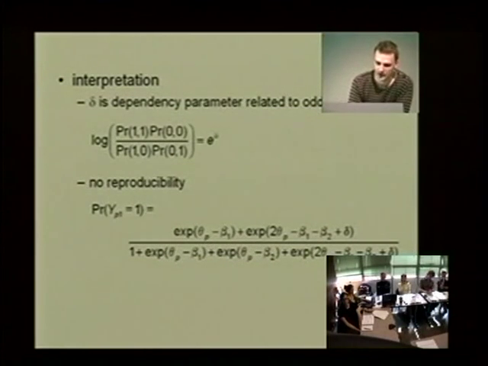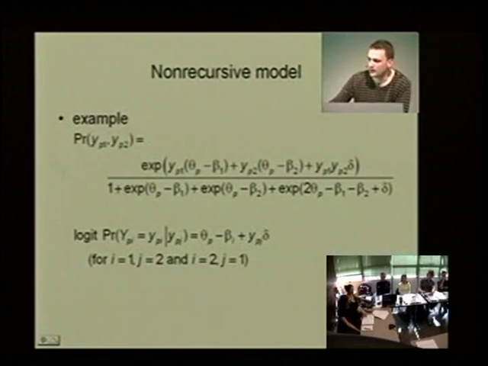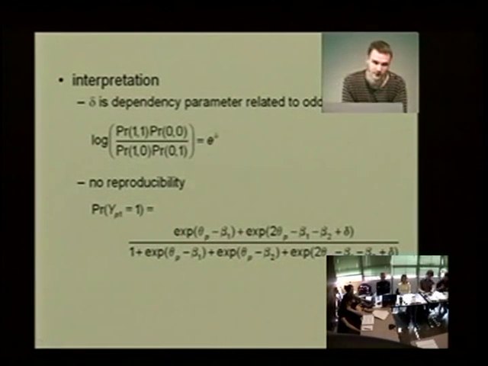So for none of the items involved in this dependency relation, and here we have an example with two items, are the marginal probabilities Rasch models. The marginal probabilities are something much more complicated than Rasch models.